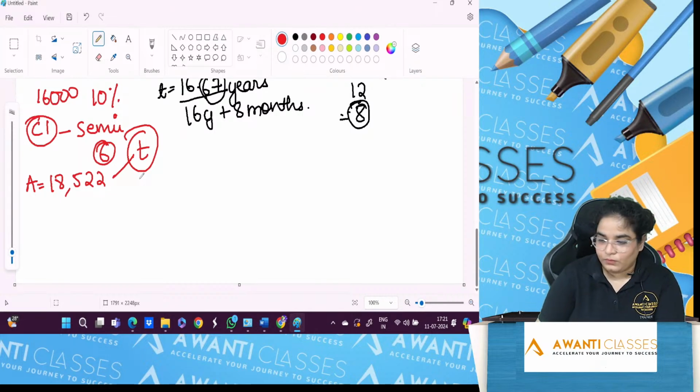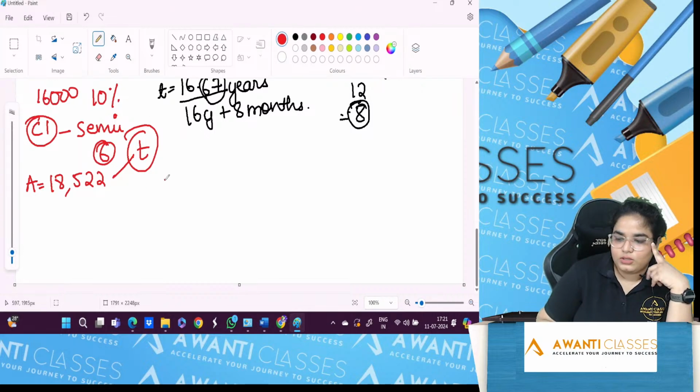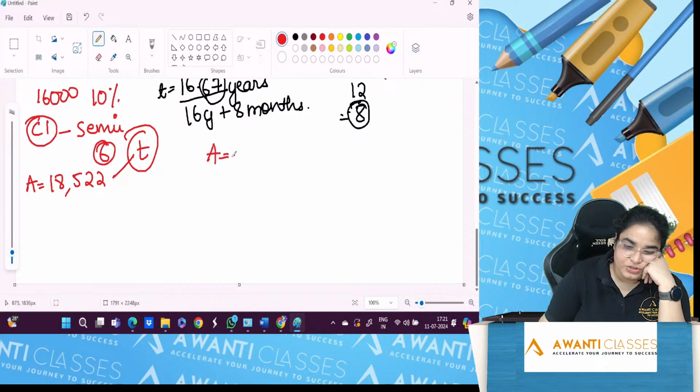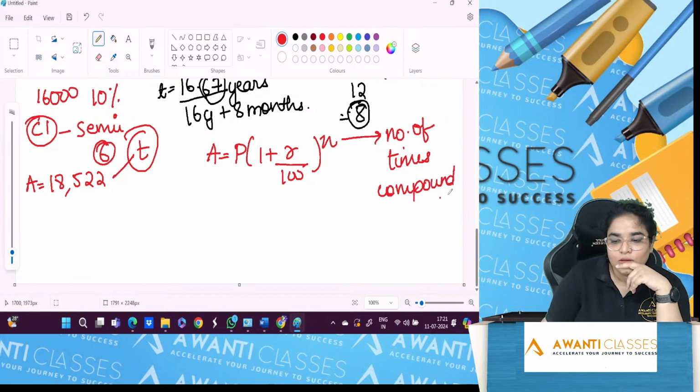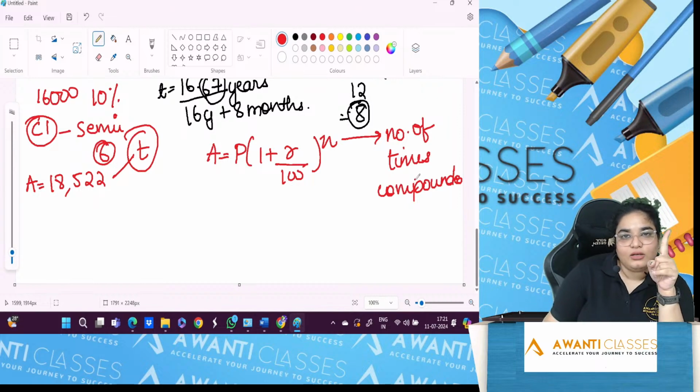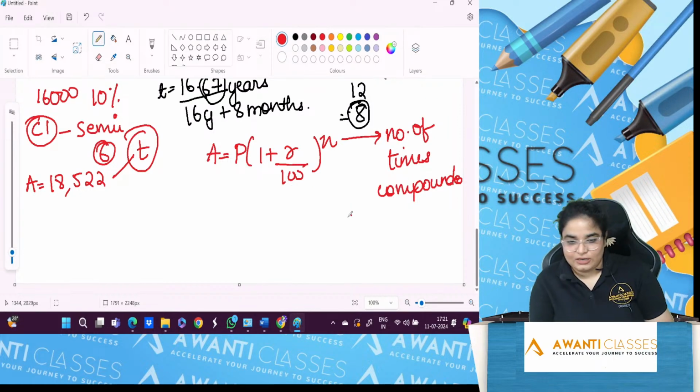Let's go. With compound interest, what are the formulas that we learned? Quick revision. A is equal to P(1 plus R by 100) to the power of n. Correct? Now, what is n? N is the number of times compounded. Let us take an example.